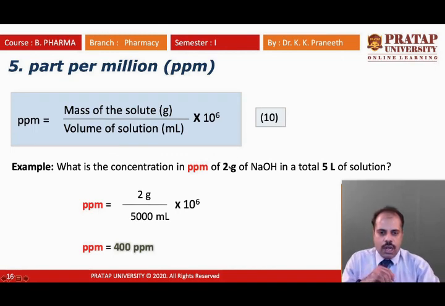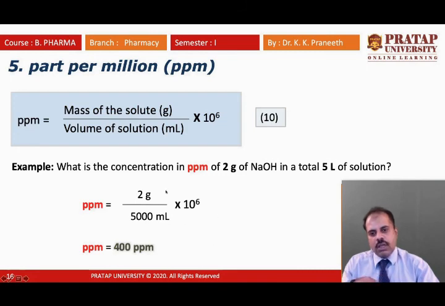For example, 100 milligrams of sodium hydroxide. How to change to gram? 100 milligrams divided by 1000, you get 0.1 gram. Then you put this value, 0.1 gram, in the equation. Students can try different concentrations and different values, and find out how much ppm comes.